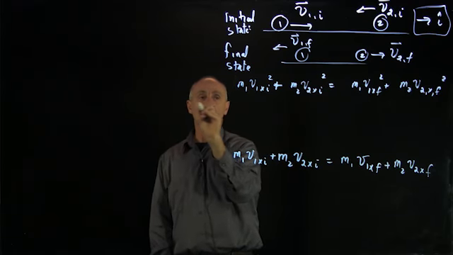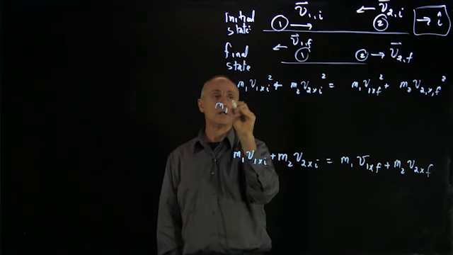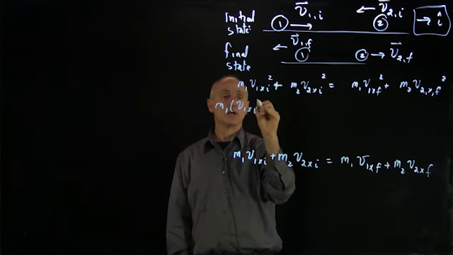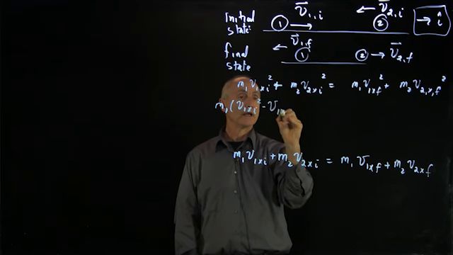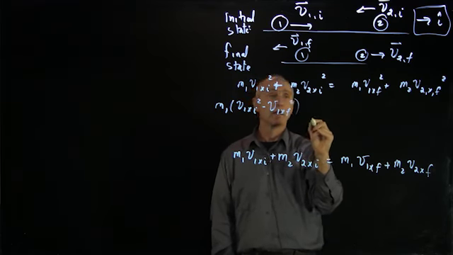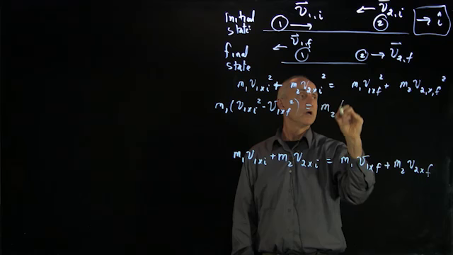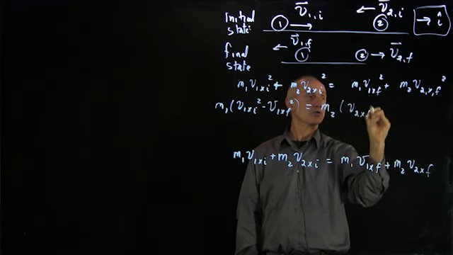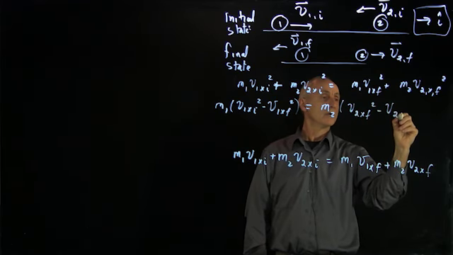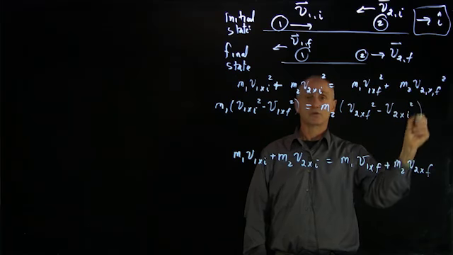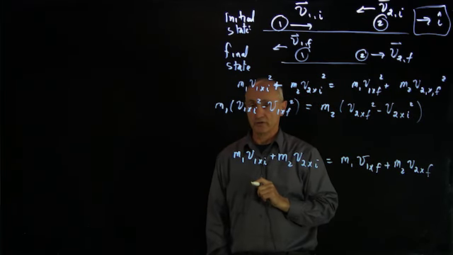So when I write that, I'll need a little room. I have m1 times (v1x initial squared minus v1x final squared), and that's equal to m2 times (v2x final squared minus v2x initial squared). So I've just brought those terms over to the other side.